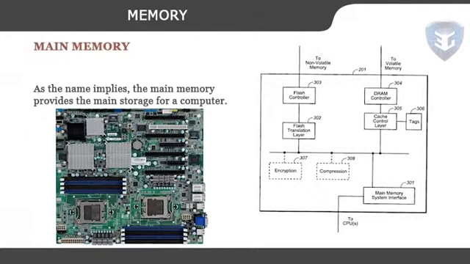As the name implies, the main memory provides the main storage for a computer. Two CPU registers are used to interface the CPU to the main memory. These are the Memory Address Register, or MAR, and the Memory Data Register, or MDR. The MDR is used to hold the data to be stored and or retrieved in or from the memory location, whose address is held in the MAR.